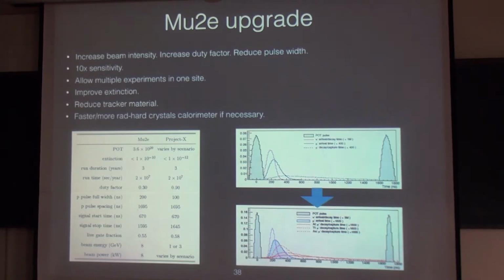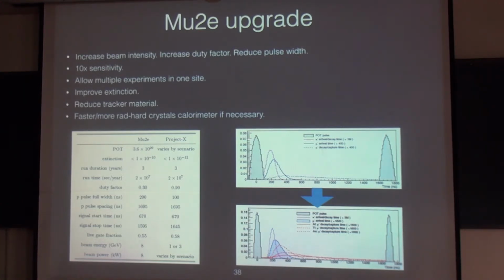There seems to be another name, something like the Proton Improvement Plan. So it's hard to follow what Fermilab is trying to do. But anyway, the current design duty factor of Mu2e is only 30%. The rest would be used for NOvA or other neutrino experiments.